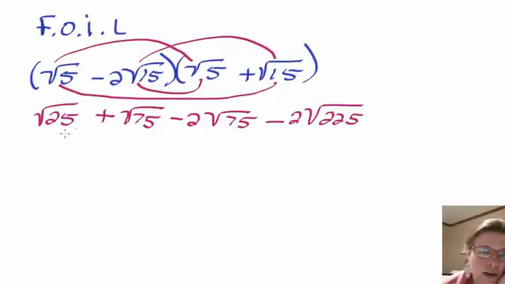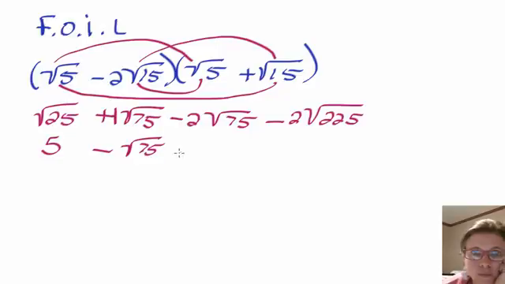Okay, so the square root of 25 is just 5. Okay, now we can combine this because this is a 1, so negative square root of 75, or negative 1 square root of 75, because positive 1 and negative 2. And then minus, oh goodness, 2 times the square root of 225 is 15.